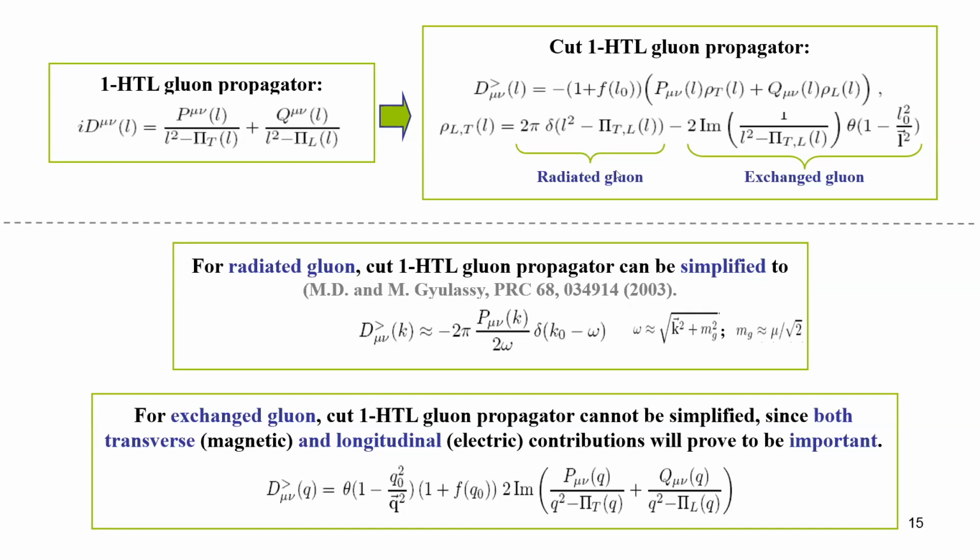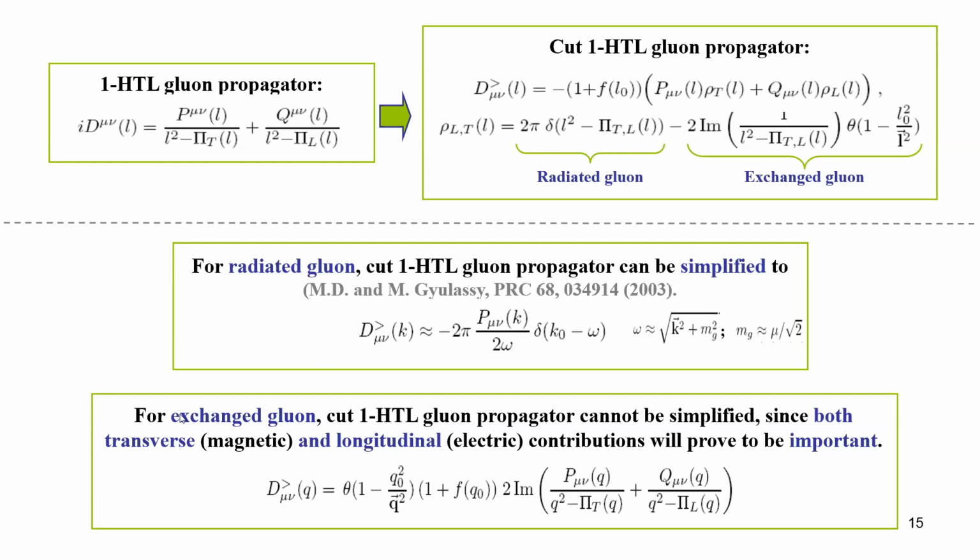For the radiated gluon, we have shown in this paper that though there are two contributions, both longitudinal and transverse, the longitudinal can be neglected, and the transverse contribution can be simplified to a very simple form, shown here, where omega is the momentum plus mg squared, such that the gluon gains a mass, where the mass is the Debye mass divided by square root of 2. So basically, this complicated relation reduces for the radiated gluon to a medium contribution as if the gluon has a mass due to the finite temperature QCD medium.